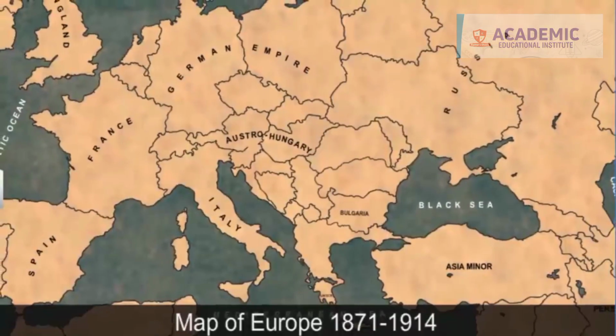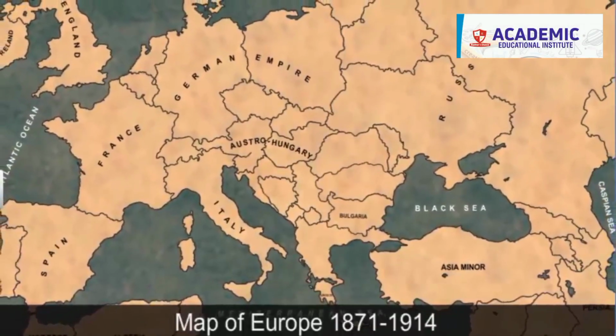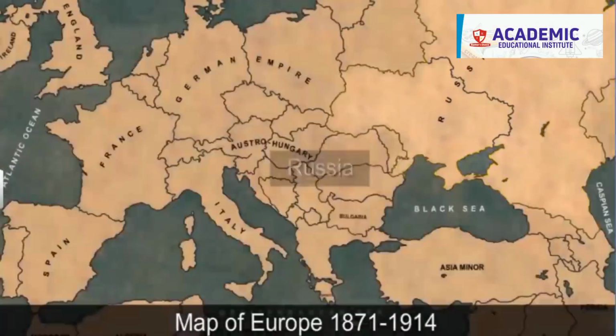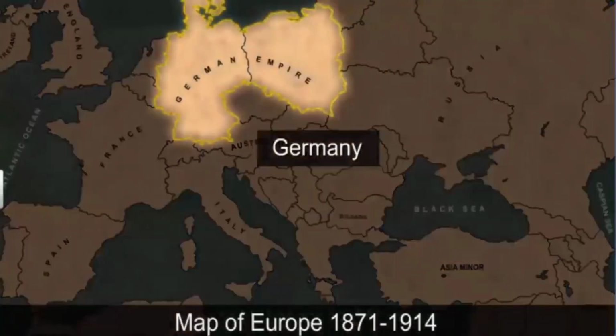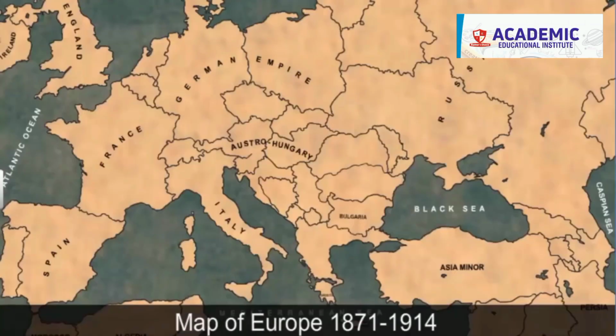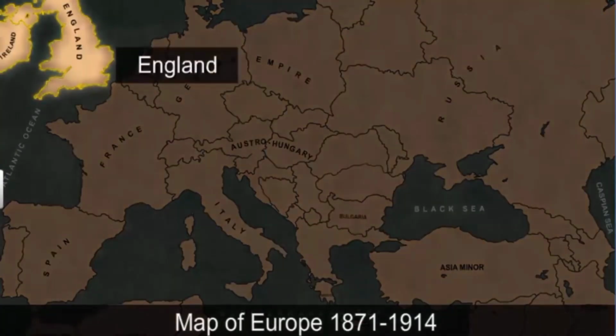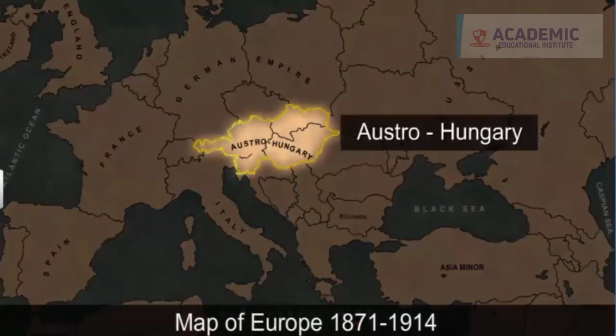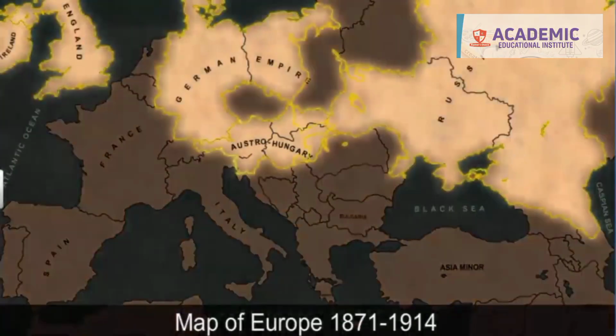To fulfill these aims, Russia, Germany, England, and Austro-Hungary wanted to extend their control over the disturbed Balkan region.